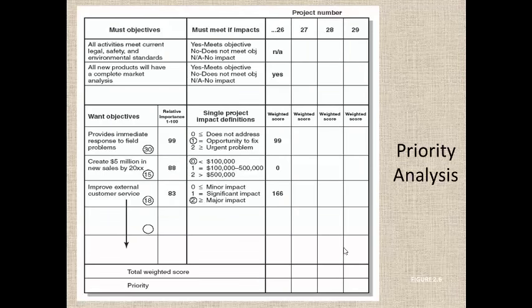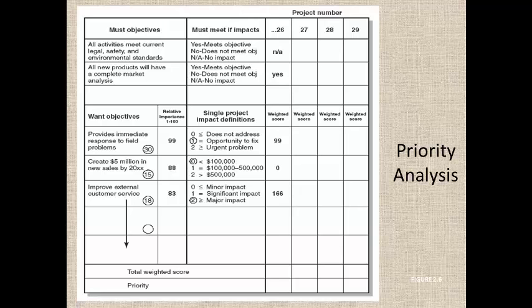So this is a priority analysis of each of the projects, with a weighted score: whether all objectives, legal and environmental standards are being met, and whether all new products have a complete market analysis, yes or no. For each of the projects, you have the priority analysis.